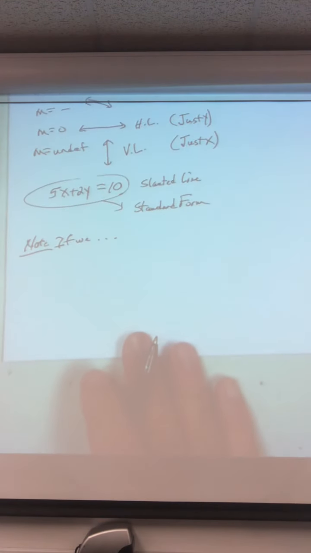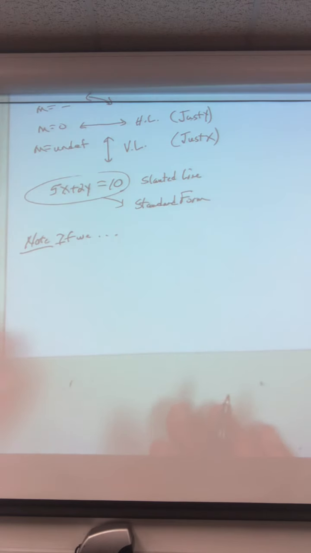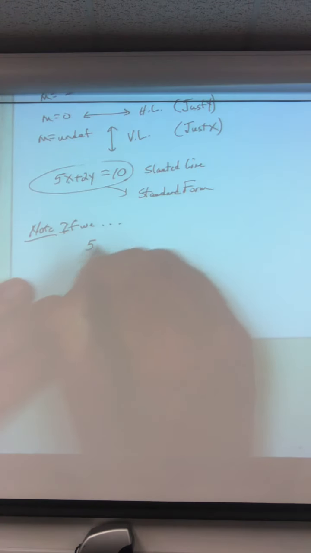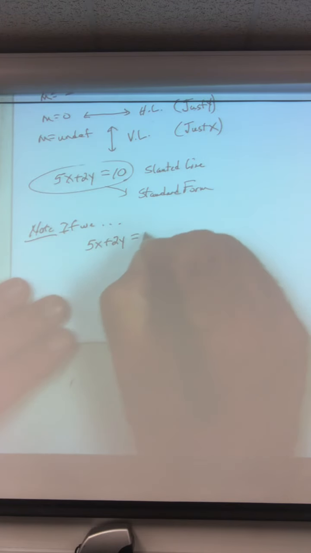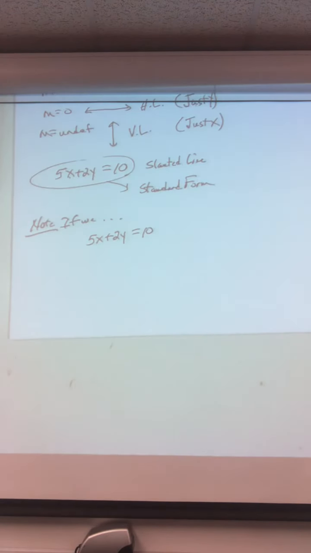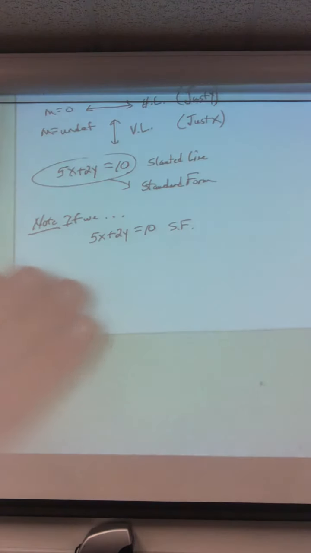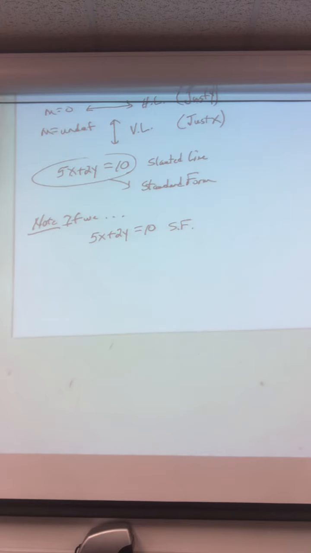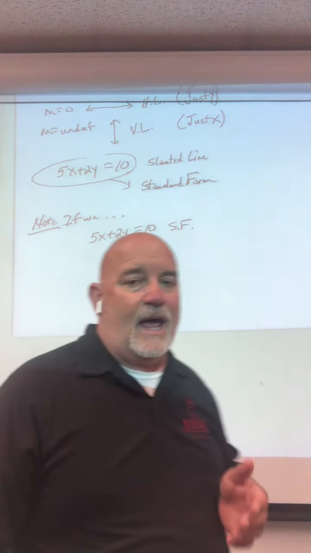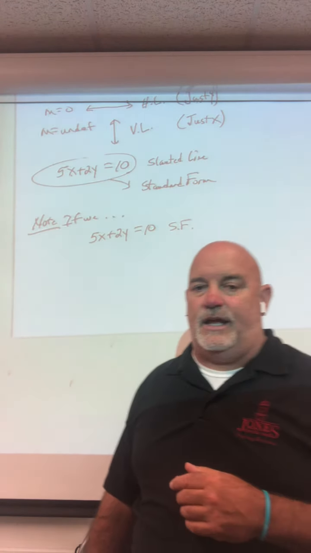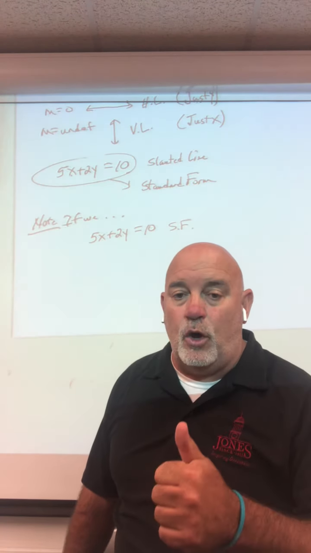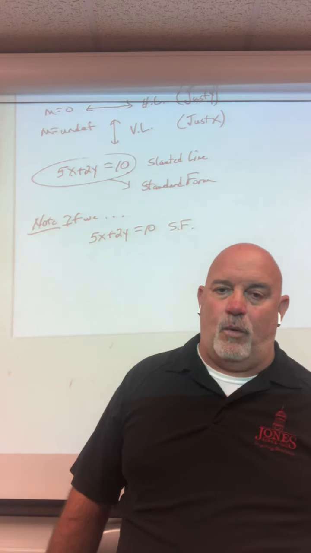All right. So let me explain to you what that means. This problem right here is in standard form. Now, you just took a note that said this. There's another kind of form that we like to get linear equations in, and it's called slope-intercept form.